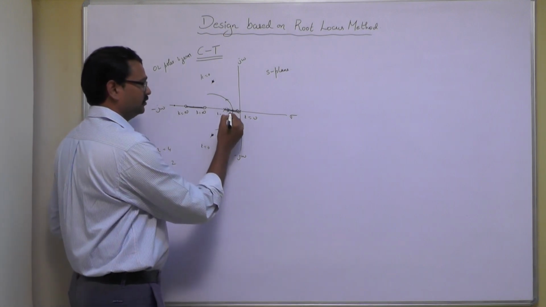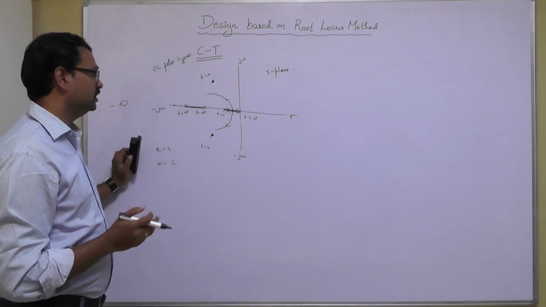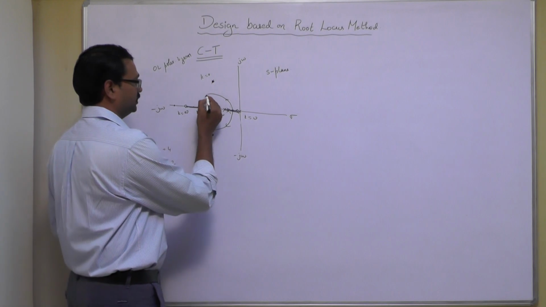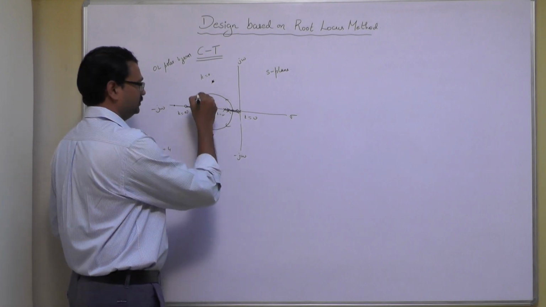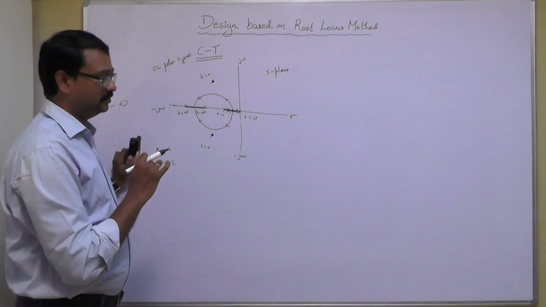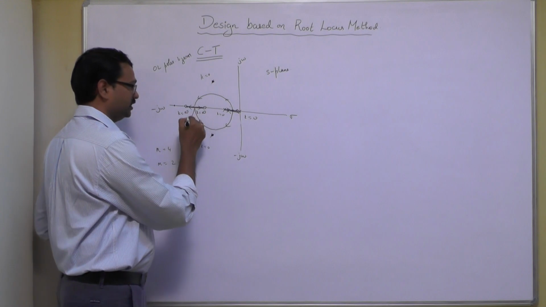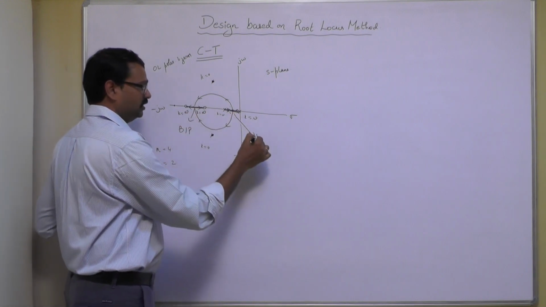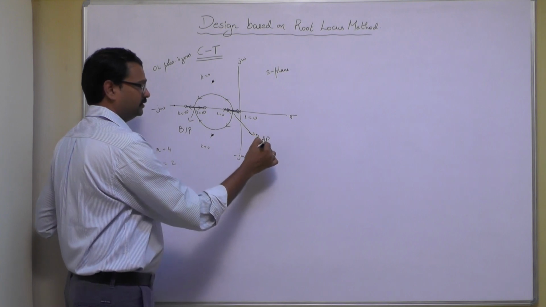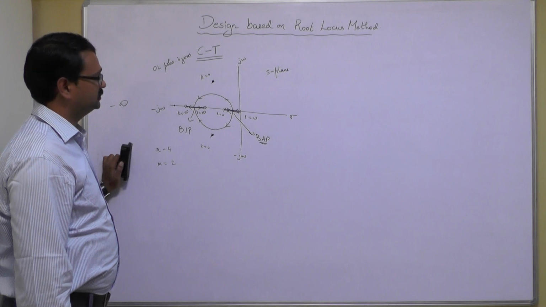Therefore, this angle can be plus 90 degrees and minus 90 degrees. So they are coming and meeting at this point, and we will again have these two coming and meeting here and trying to go and terminate. So this is called the break-in point, and this is called the break-away point. Okay. So this is what is happening in this.